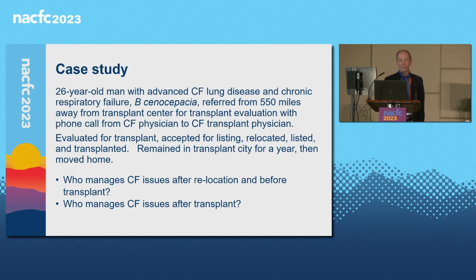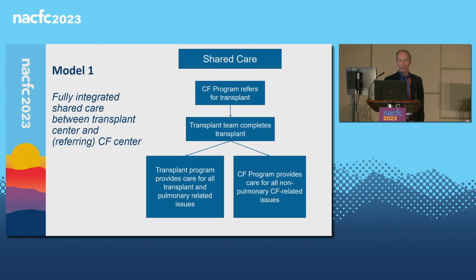And because the physicians had already had a well-established relationship, it was very easy to transition to a situation where the CF provider was seeing the individual on a quarterly, or 4 times a year, basis, and the transplant team would see them by telehealth on a less frequent basis, and we minimized the trips back to the transplant city to once a year.